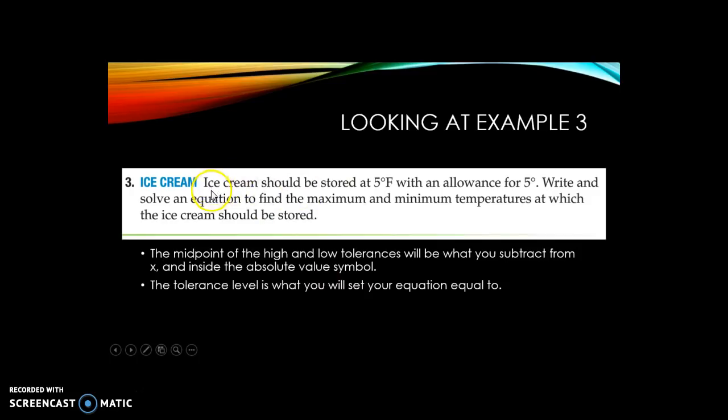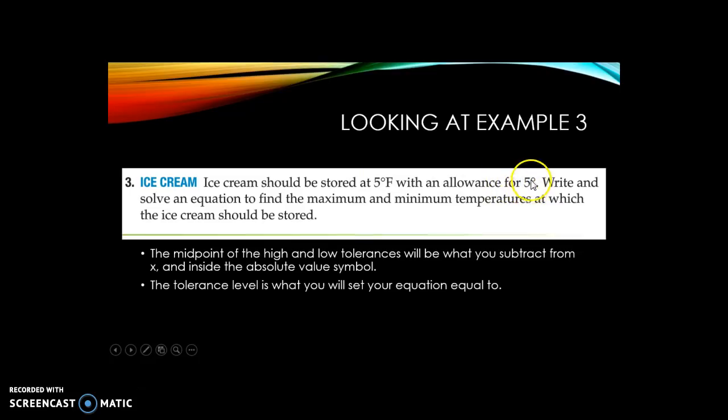So if we think about this, the midpoint of the high and low tolerance, so the high in this case, if it should be stored at 5, the high is 10, the low is 0, okay? In that case, the midpoint is 5, so this is the midpoint, and you subtract that from x inside the absolute value.